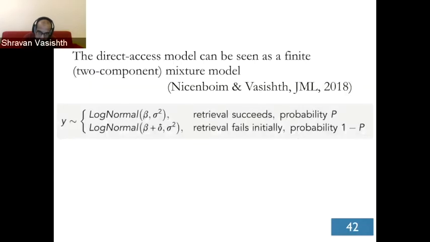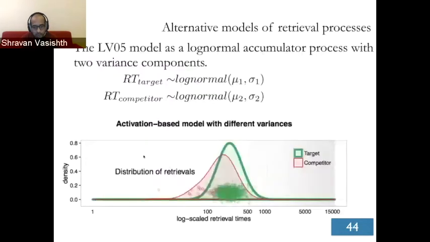So what we did was, we changed the assumption in the ACT-R model that the incorrect retrieval's distribution of finishing times has the same standard deviation as the distribution of correct retrieval time. The green distribution that you're seeing shows the distribution of finishing times when you retrieve the correct element.